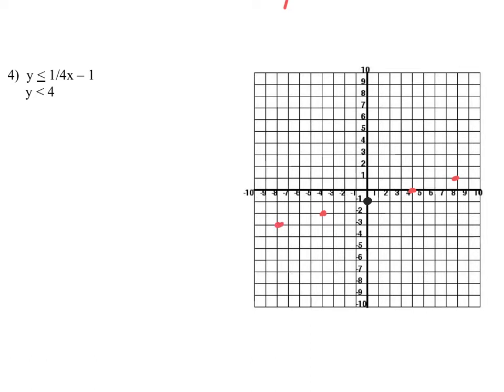Dashed or solid line? Y is less or greater than this line? Less than, because it is a less than sign, which means it's these values below.